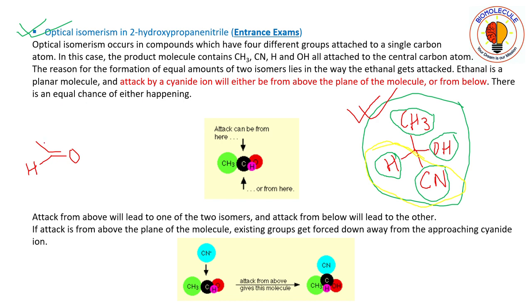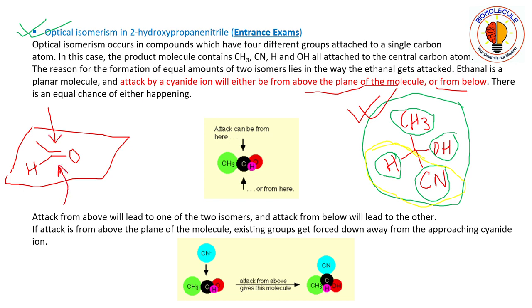So ethanal is a planar molecule. As you know, the carbonyl group is a trigonal planar group, so ethanal of course will be a planar molecule. An attack by cyanide ion will either be from above the plane of the molecule or from below. If you consider this as the plane of paper, the attack on this carbonyl carbon can occur from above the plane or below the plane.